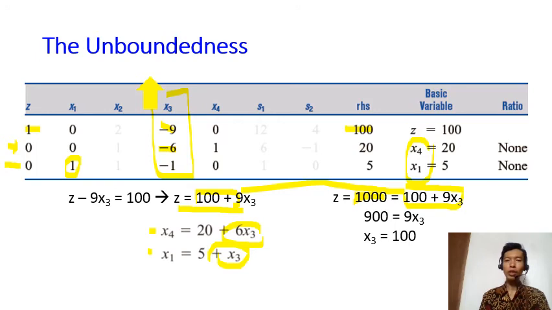So you increase x3 from 0 to 100 and it will make your z become 1000. In this case, you can set x3 equals 100 to reach z equals 1000. But as I've said before, because this problem is unbounded, you can set x3 as large as you want and you get z as large as you want, and the problem is still okay. By okay, I mean that the basic variables x4 and x1 will still be positive. So that's why this problem is an unbounded problem.